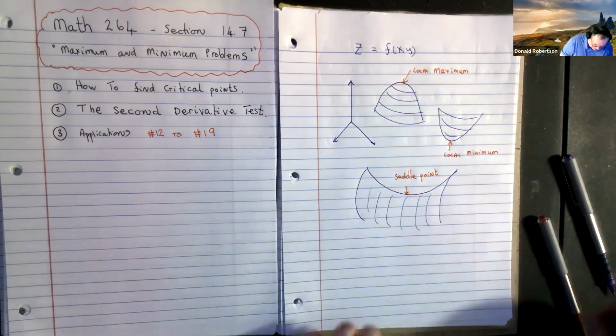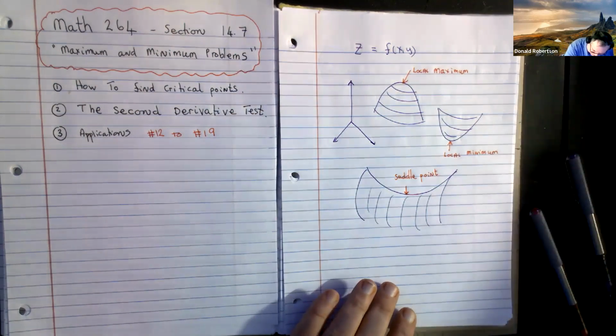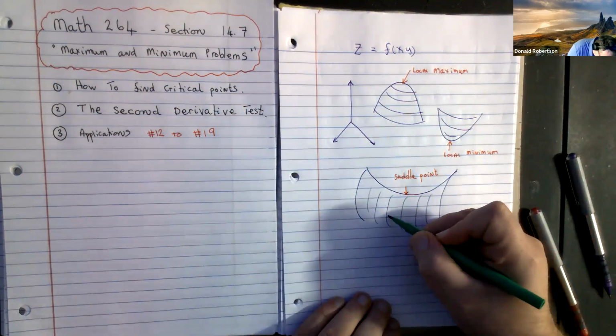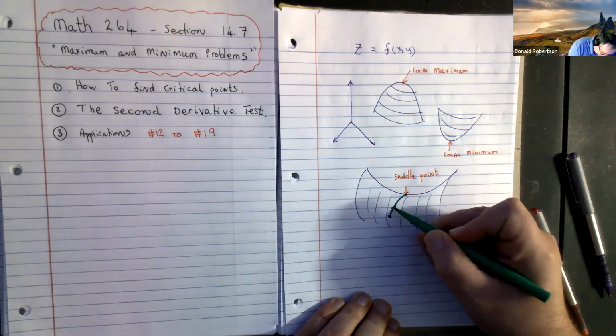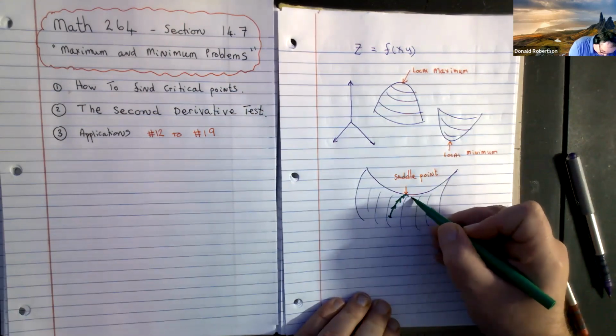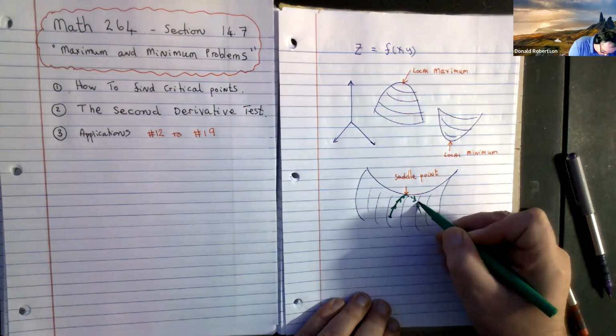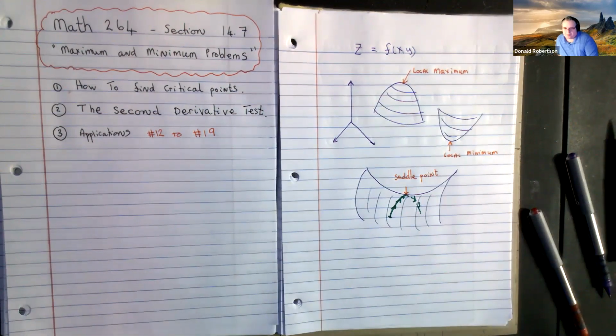What do I mean by that? If I was here on the surface and I was walking to that point there, and then I passed it and I went down the other side, from my perspective, isn't that journey climbing up to a hill and then passing through it and going down the other side? It's like a local maximum in some ways, but not perfectly so.